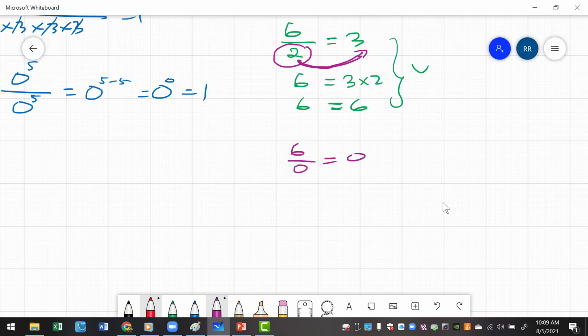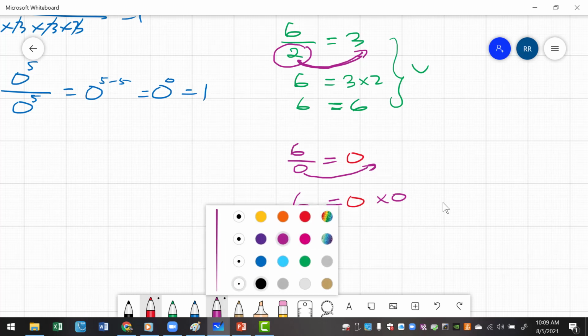If I'm using that concept, I'm going to use a different color for the 0. The 0 here is the red one, and this is the 0 in purple. So does that mean that 6 equals 0 times 0, right? Because I'm moving this 0 over here, and because this is a division, you will get a multiplication here.